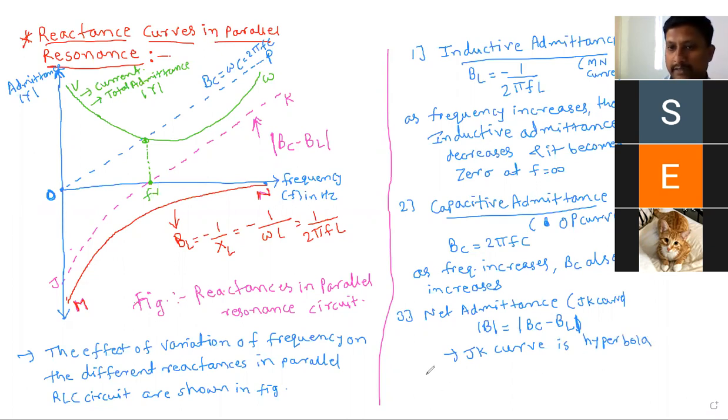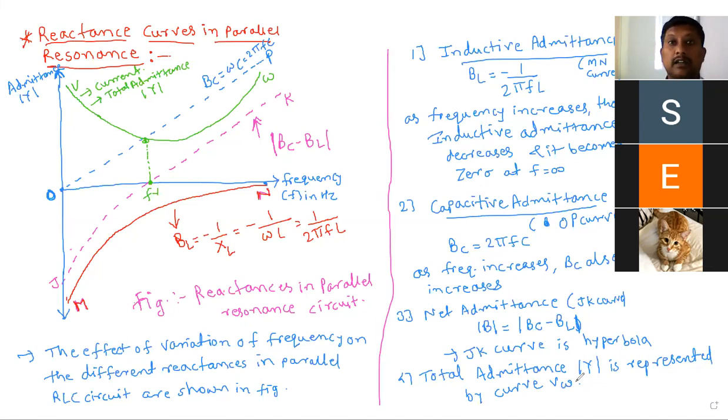The last one is total admittance, that is Y. It is represented by the curve V omega, which is shown in green color.